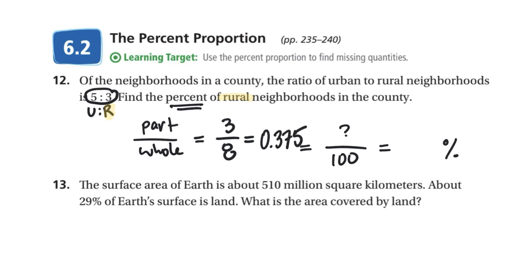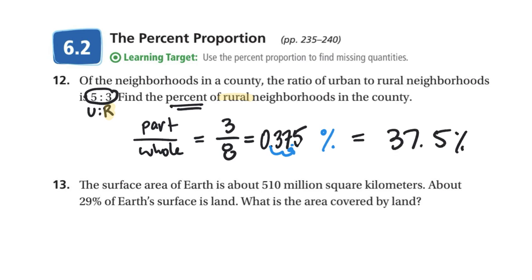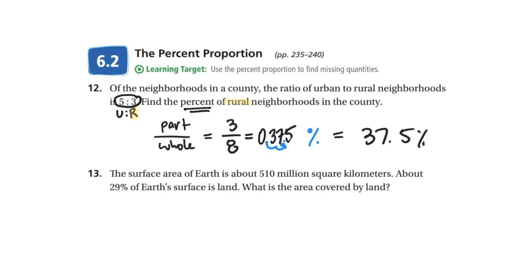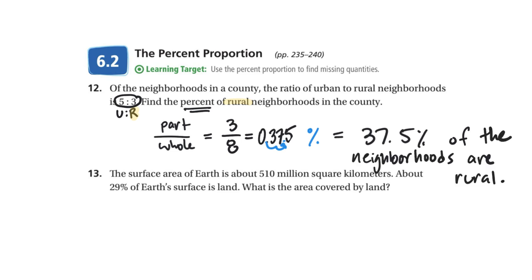And then that as a percent: we could get it out of 100, but as a decimal, we just move the decimal place twice and put the percent at the end. So we have 37.5% of the neighborhoods in the county are rural.